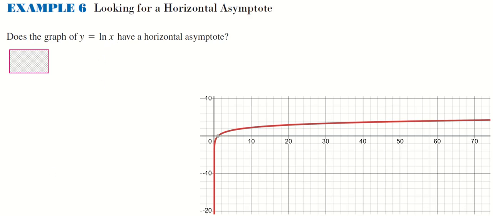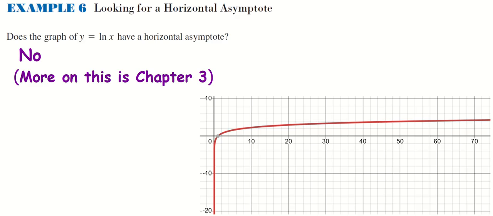So as far as this section goes, maybe they expect you to know yes or no, and not even why it's a yes or no, but the answer is no. More on this in chapter 3. So for right now, it's just blind faith and mindless fact about this natural logarithm function that there is not.